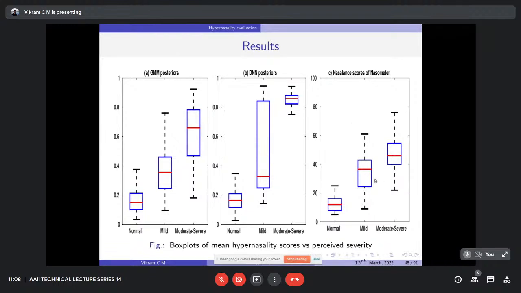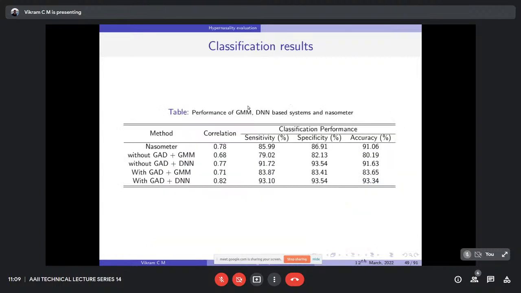Similar to the nasometric scores, our model scores also vary with the normal, mild, and moderate conditions. Whenever moderate hypernasality is there, it shows higher scores. For evaluation, we used two different metrics.